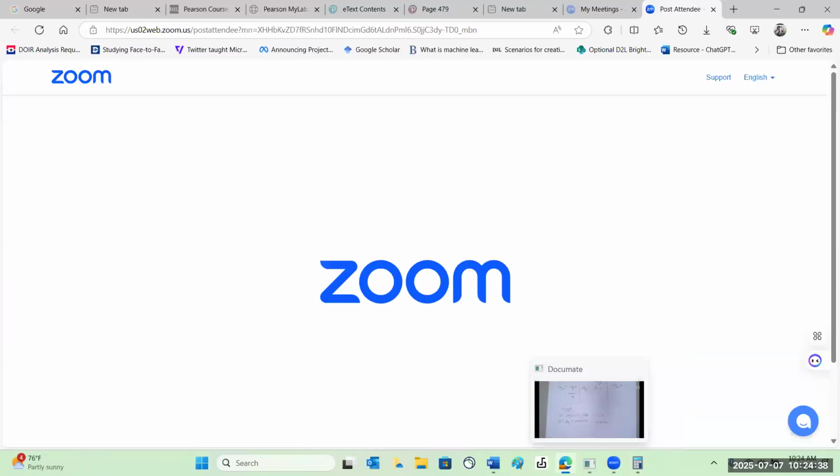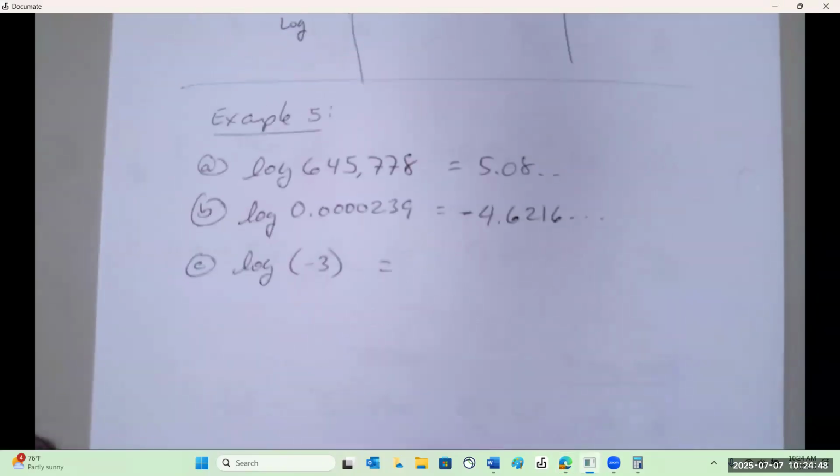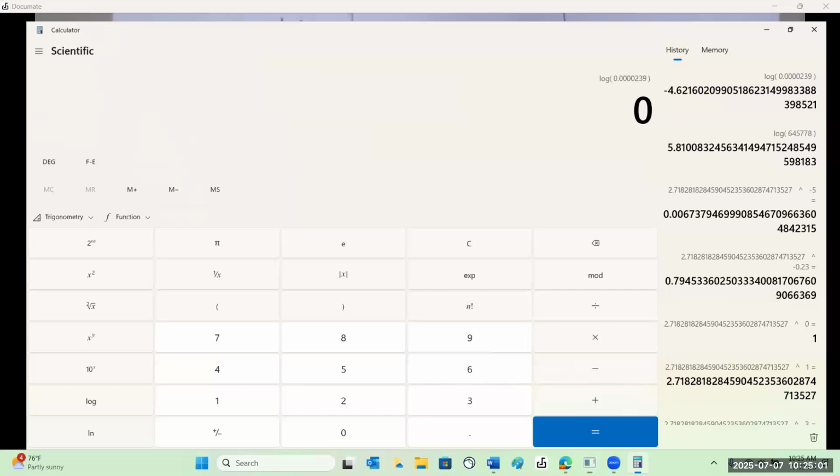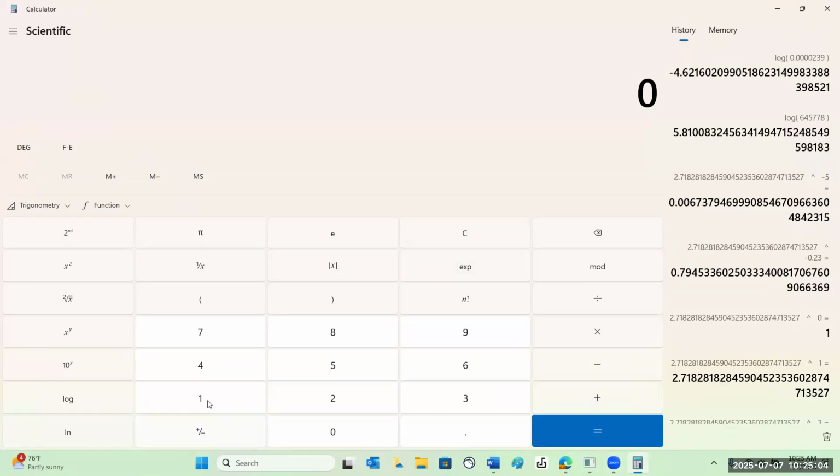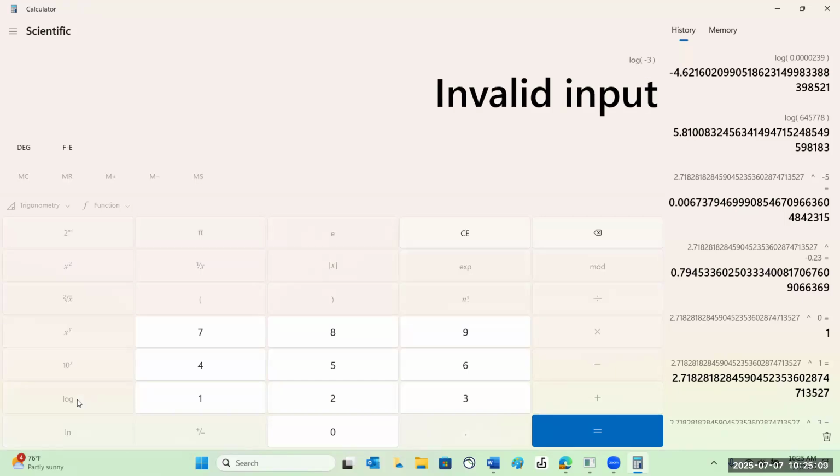All right, and the last one here. What would this one equal? -3. You cannot put a negative number inside the logarithms or ln's. Remember?